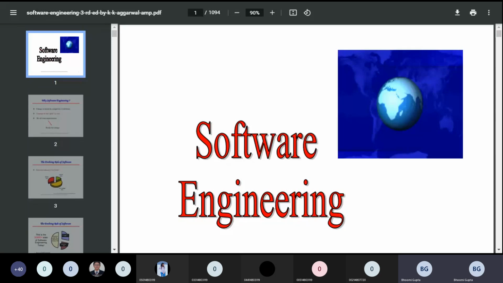Most of the job profiles in the domain of system analyst, software analyst, senior system analyst, and banking services system analysts, there you need this particular subject. I hope you should be able to know the importance of this subject.